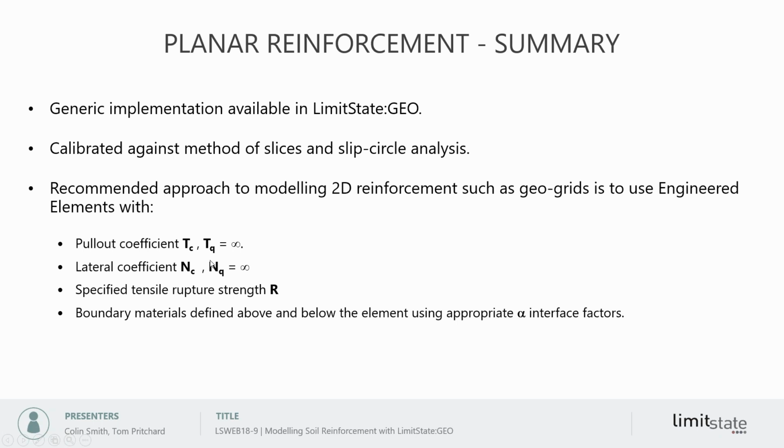So they're really only needed for one-dimensional modeling, one-dimensional reinforcement. Specify the tensile rupture strength and put in the correct boundary materials and interface materials above and below the element, so that will replicate your classical interface factors.